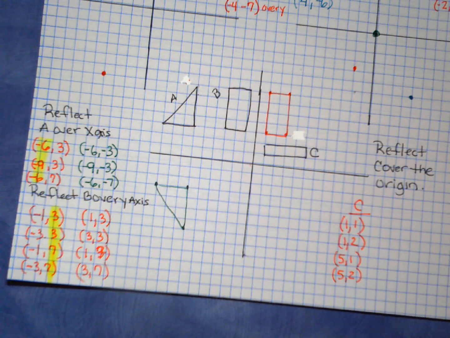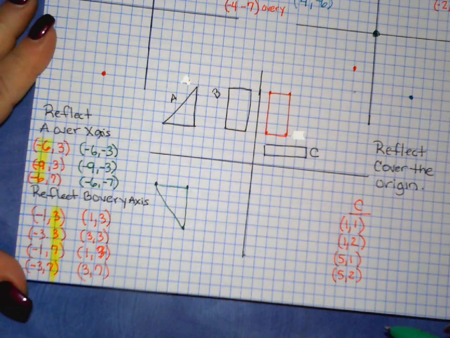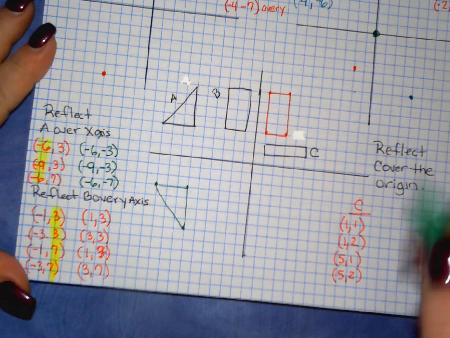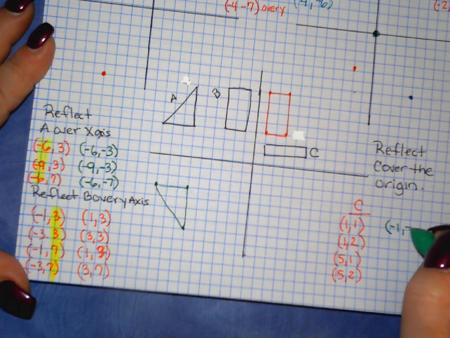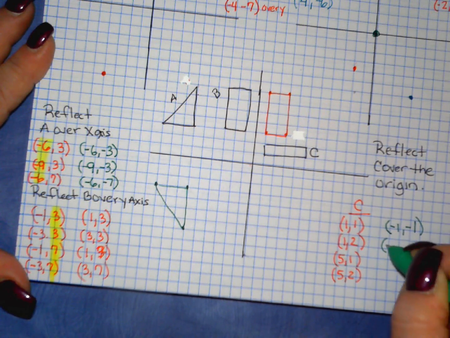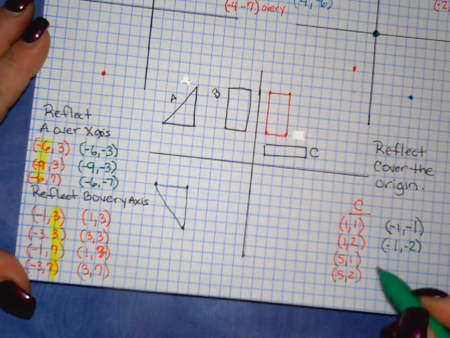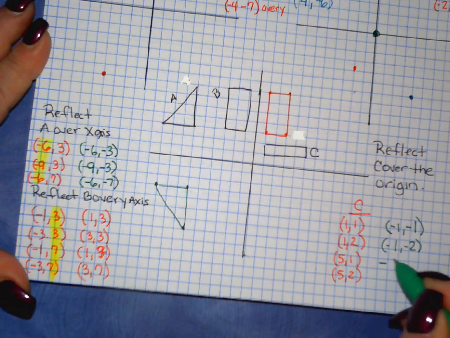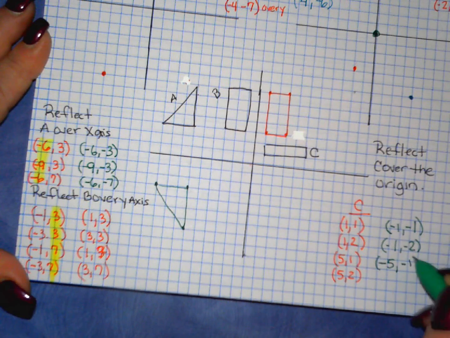And then remember what we said when we're crossing over the origin, we can simply change all the numbers to their opposites, right? So 1 becomes -1, and 1 becomes -1. 1 becomes -1, and 2 becomes -2. 5 becomes -5, and 1 becomes -1.